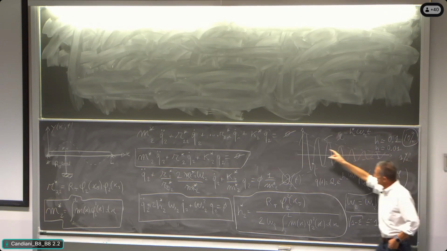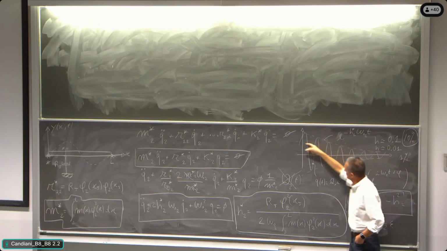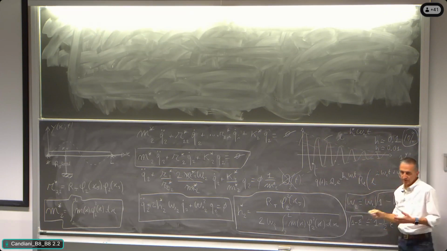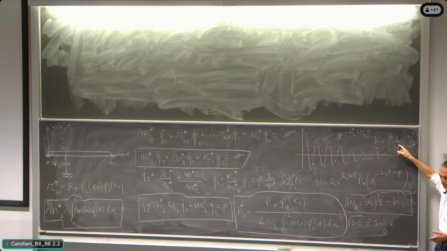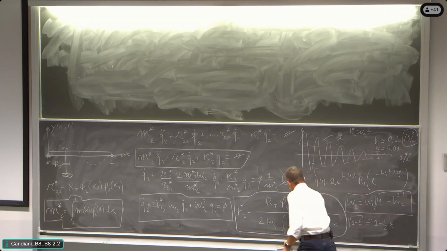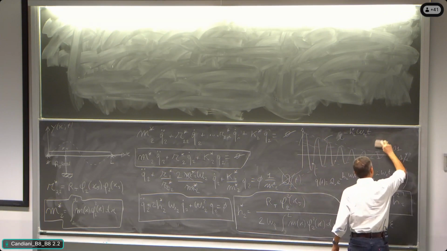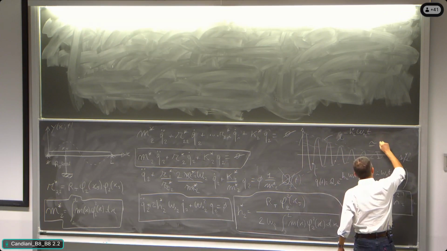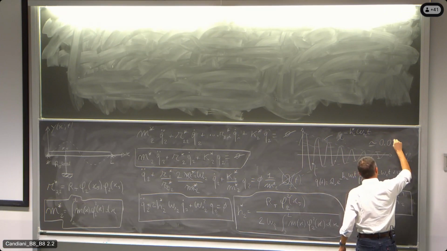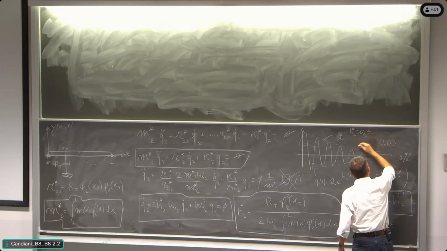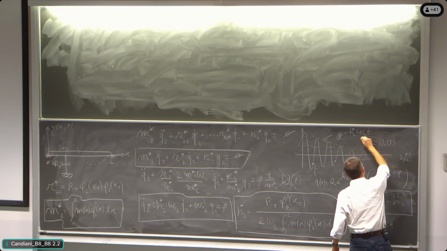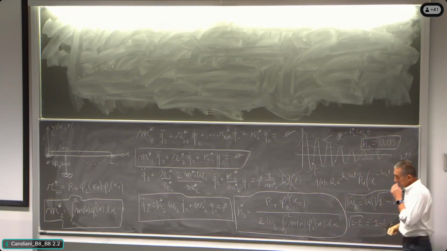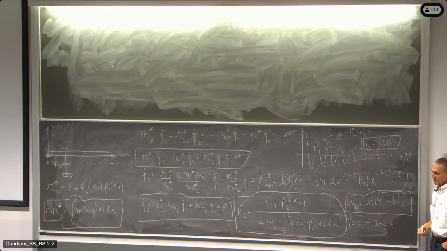So in this case, it takes 1, 2, 3 cycles to make 1/2 the amplitude. It's about 1/3 of 0.1, and so it is about 3%. More or less, this is about 0.03. 3% means 0.03.